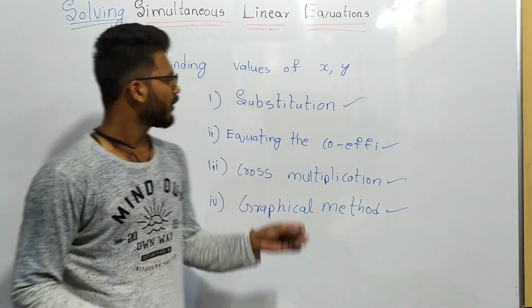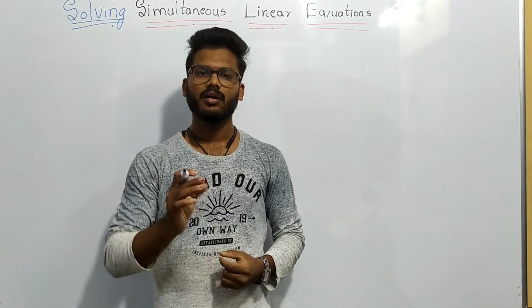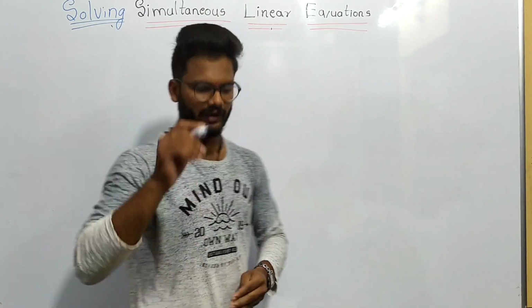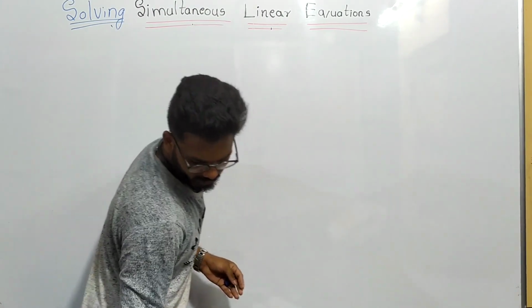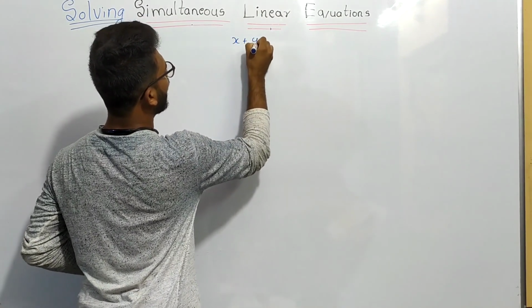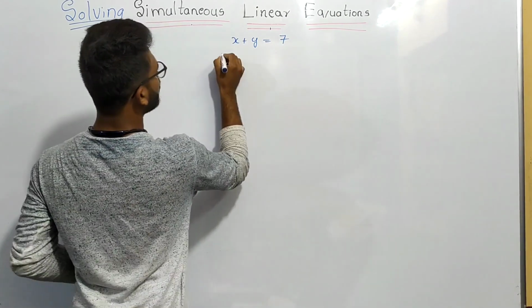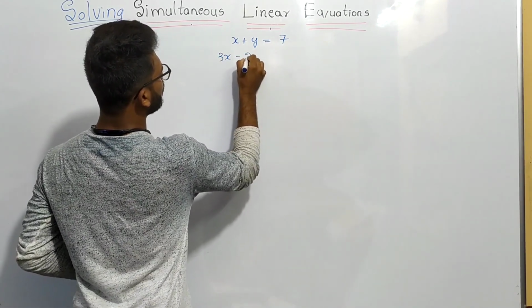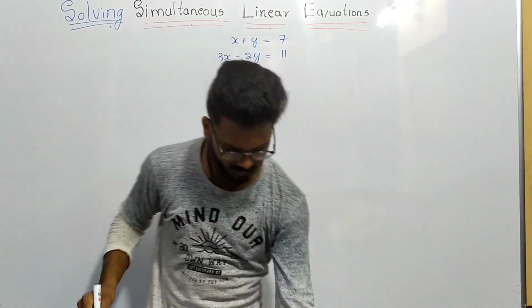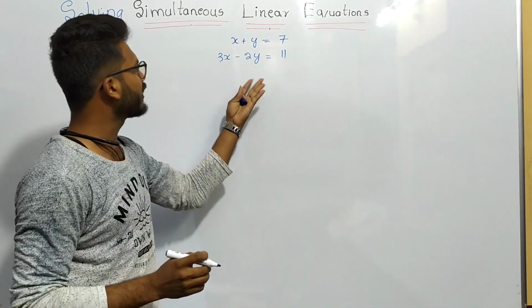Now see what these four methods are. I am taking two equations and let us solve them in all the methods. Suppose the two equations are x plus y is equal to 7 and 3x minus 2y is equal to 11, and we have to find the solution.